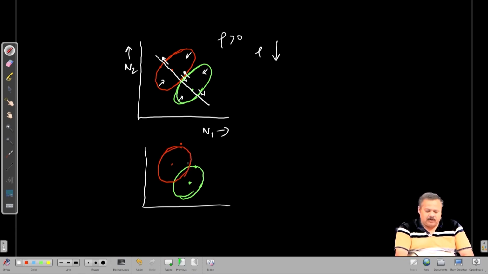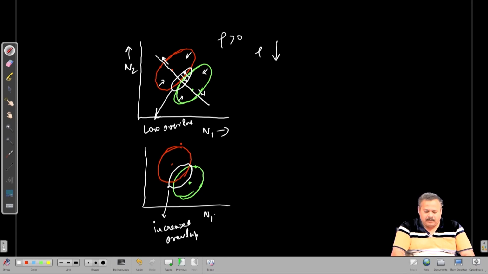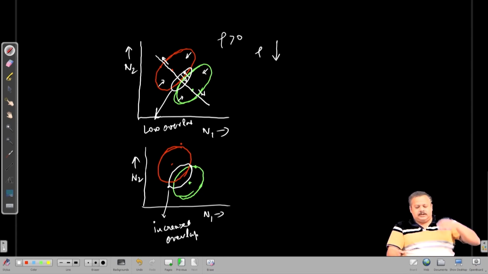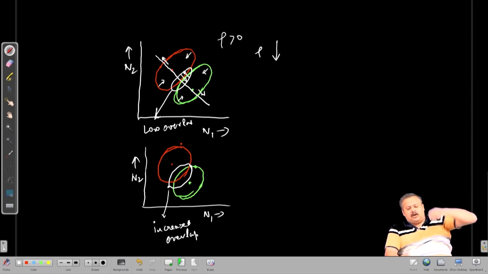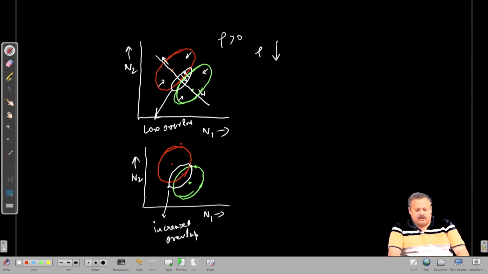In other words, we are now getting an increased overlap as opposed to much lower overlap. Hence the decodability of responses of neuron 1 and neuron 2 as a pair is reducing, because now we have more confusion in decoding S1 and S2, or finding out which stimulus was played based on pairs of responses N1 and N2.